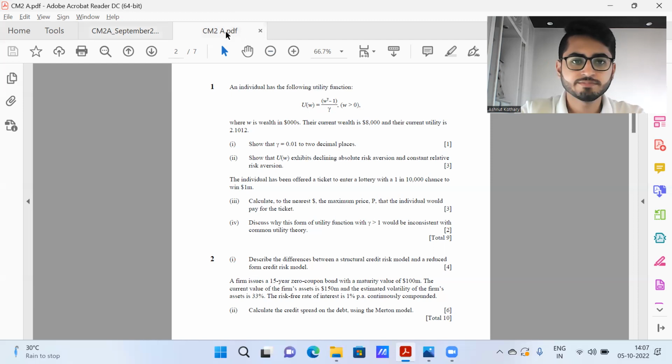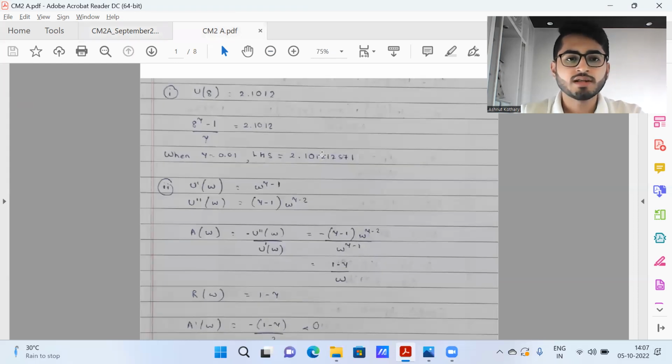So the first question, utility 8. Remember that the utility function is working in thousands. That is something you need to keep in mind. Instead of using 8,000, it has to be 8 only. Even if you do not realize that, when you take 8,000, your answer when putting gamma equal to 0.01 will not come out to 2.1012.